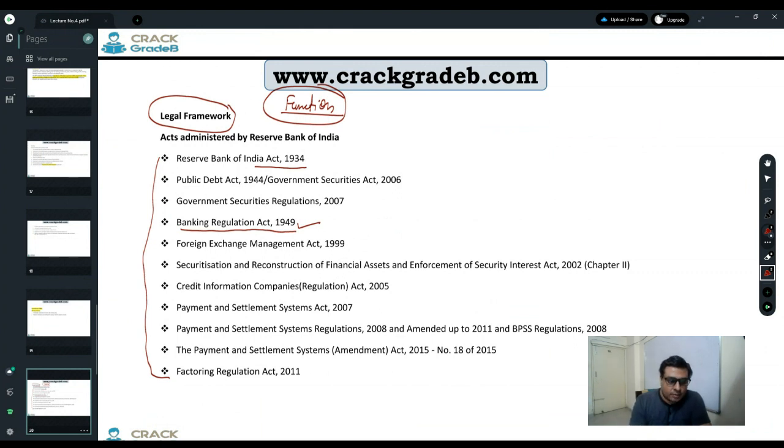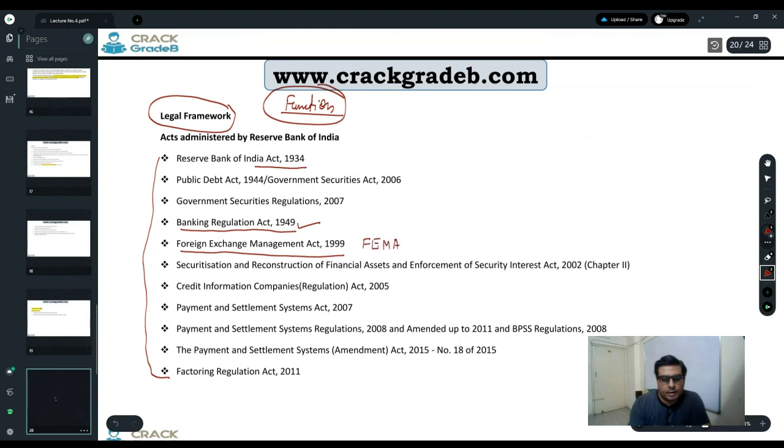And then there is the Foreign Exchange Management Act, in short FEMA. Earlier, it was the Foreign Exchange Regulation Act, FERA.